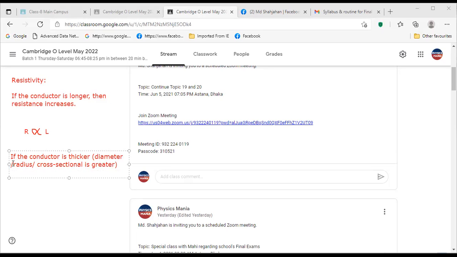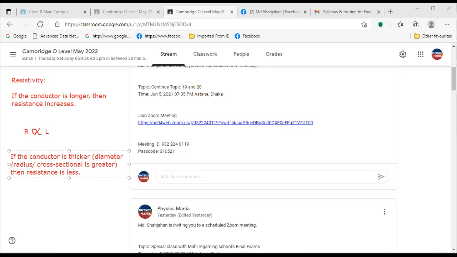If the conductor is thicker, diameter or radius or cross-sectional area is greater, then resistance is less.